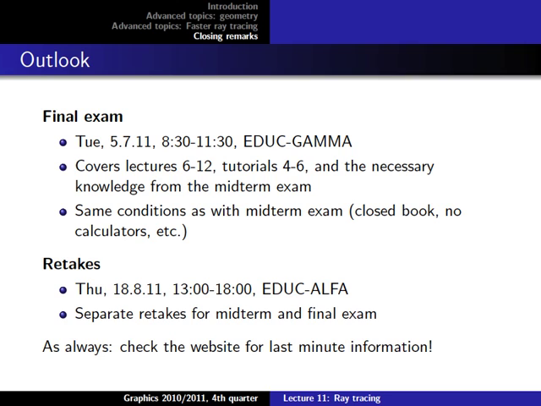Same conditions as before. I didn't bother putting it down: no additional material, books, calculators, and so on. Bring a pen or pencil, the student ID and all the usual stuff. Again, the exam is scheduled for 3 hours, so we start a little bit after 8:30, and then you have 2 hours. I thought about having 3 hours scheduled and just 2 hours starting a little bit later, but the point is 50 minutes later, earlier or later, doesn't help you very much, and it gets too chaotic.